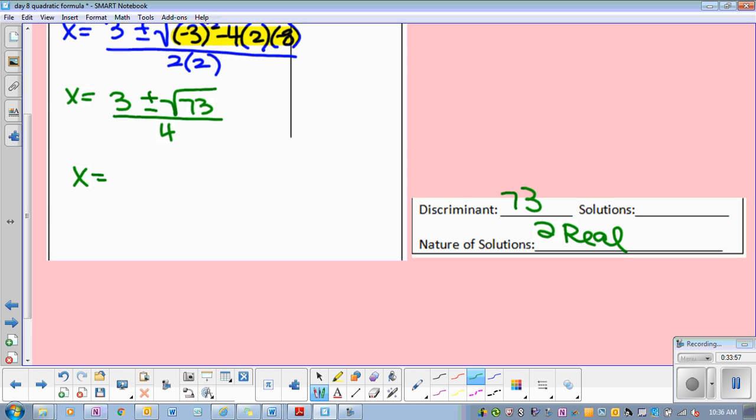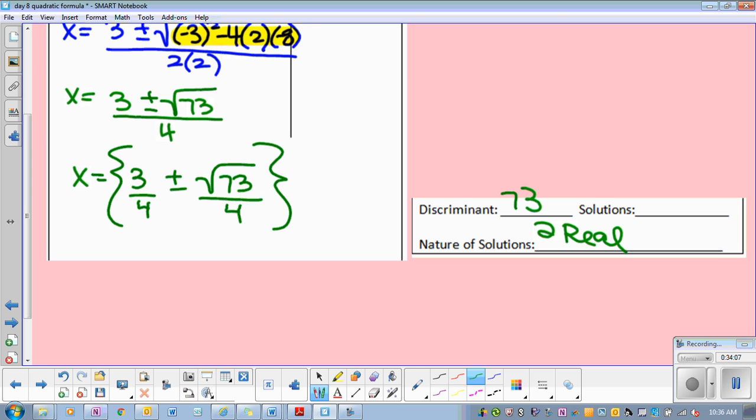You could leave it like this, or just get into the habit of splitting up your fraction. And there you go. Are these 2 real solutions? Yeah. 3/4 plus the square root of 73 over 4 and 3/4 minus the square root of 73 over 4 is 2 solutions. Are there any i's there? No, so it's real.